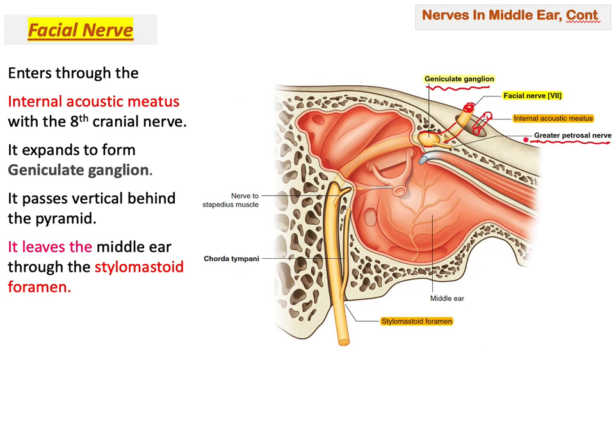But the greater petrosal nerve leaves the petrous part of the temporal bone and passes on the surface of the petrous bone in a groove until it reaches the foramen lacerum, covered by cartilage.